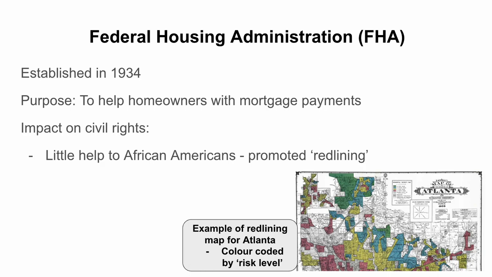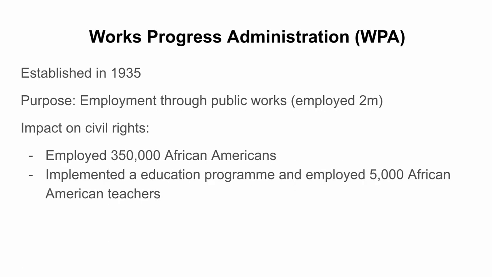In future topics, particularly topic 6, when you talk about the change in geography and issues in ghettos, this can be seen as a forerunner to those housing problems. So the FHA definitely didn't help as much as it could have.